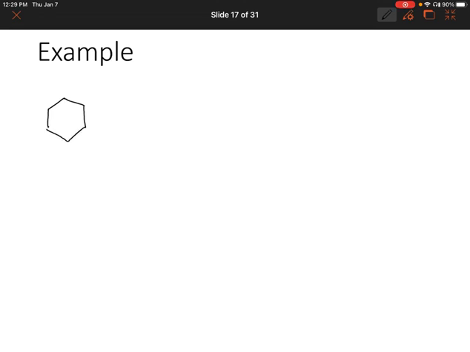So let's say we have the following. I'm just going to put little dots for those carbons there, and then I'm going to redraw that because it's kind of hard to see.